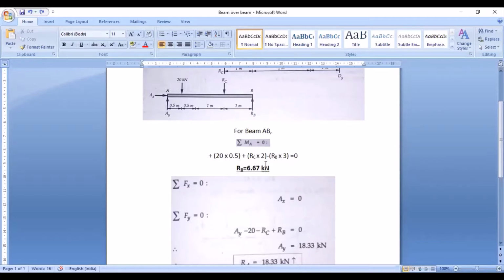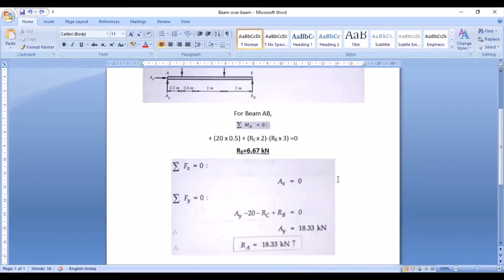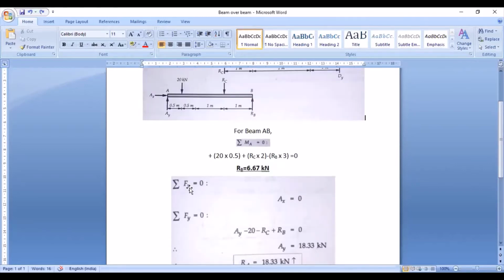Now, one of the reactions is known. I am interested in calculating Ax and Ay. So I am going to apply the other two equations, sigma Fx and sigma Fy. First, sigma Fx. Since there are no horizontal forces in the diagram, we can directly write that Ax is equal to 0.